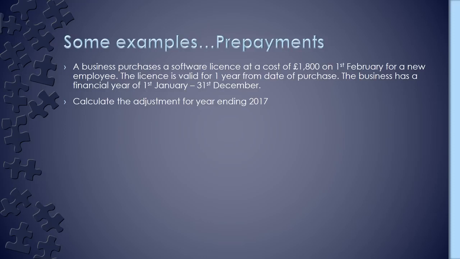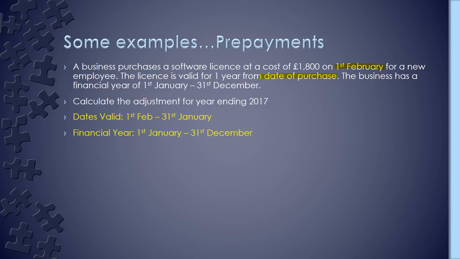So let's pull out the important elements of this question. First of all, we know that our licence is valid for 1 year from the date of purchase, and we know that we purchased it on the 1st of February. So we know that the dates are valid from the 1st of Feb to the 31st of Jan.